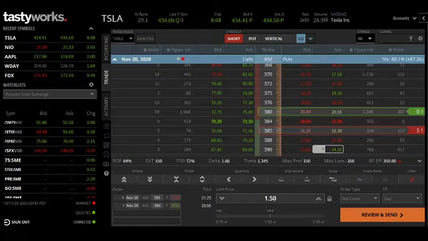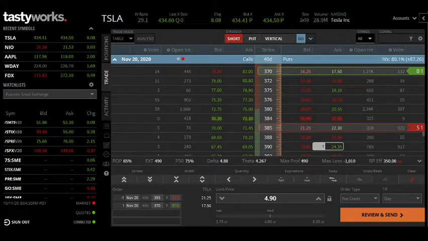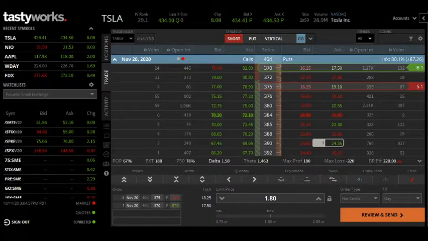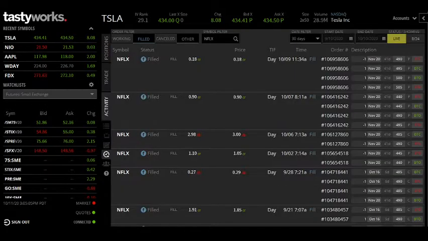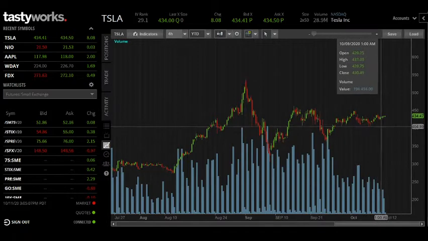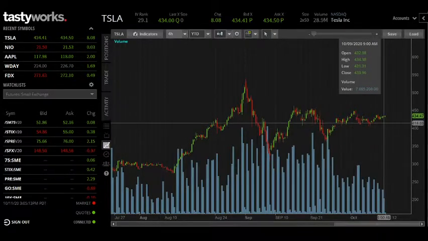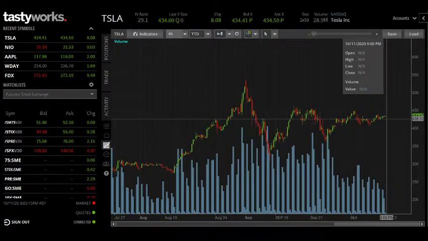You could drop your strikes down and collect the same amount, and that's a safer option. You're giving yourself even more probability of profit because you know that there's a strong support right around 400. Say it dropped to 420.